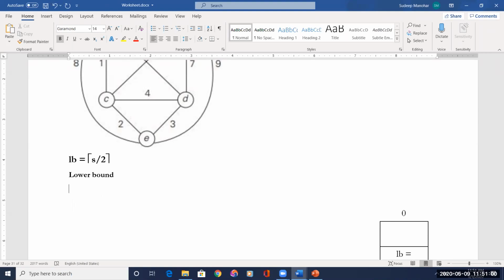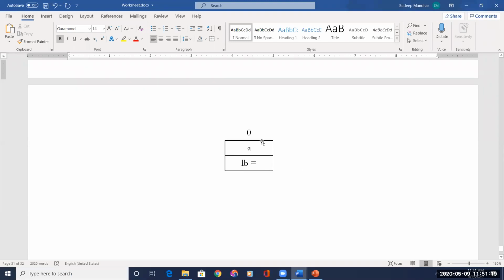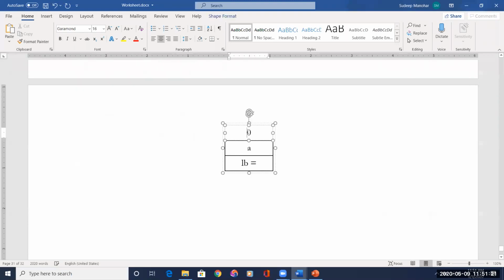Lower bound for node number 0. For node 0, let's see how to calculate the lower bound. This is our state space tree's starting node, node number 0.